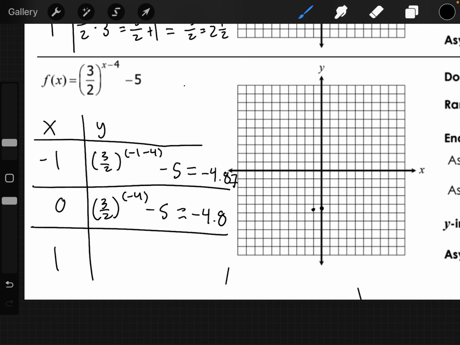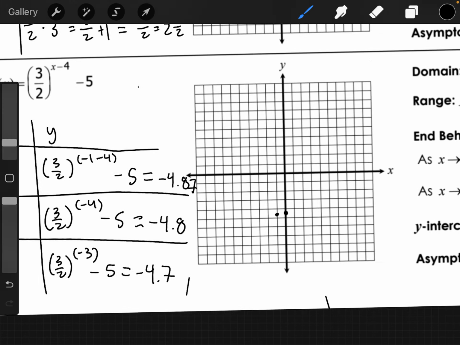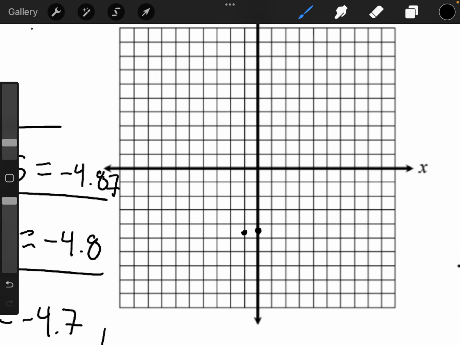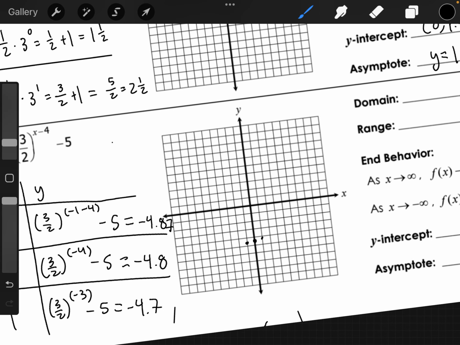These points are very close together. Three over 2 to the power of negative 3 minus 5 equals negative 4.7. So just a little above that.